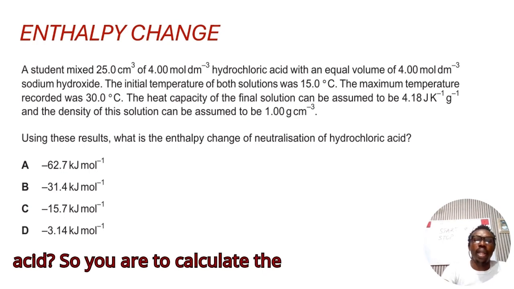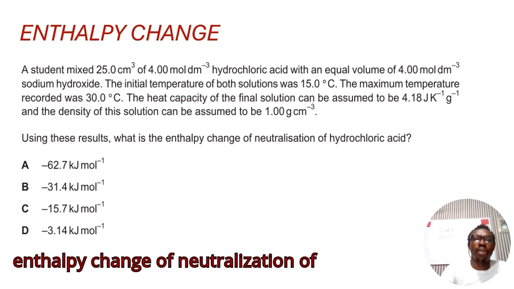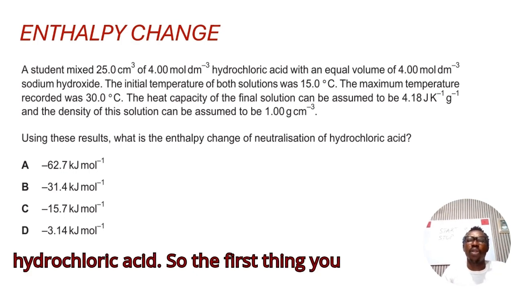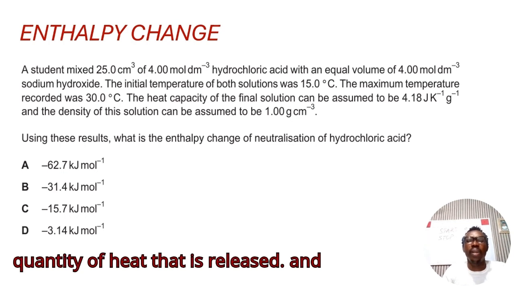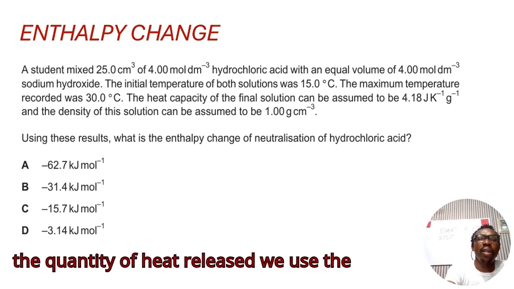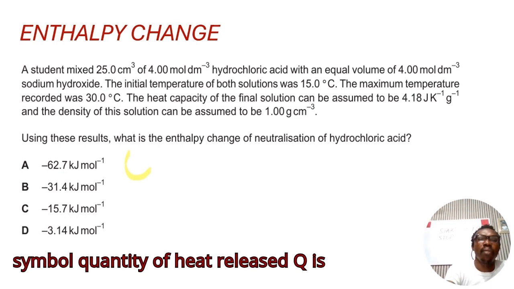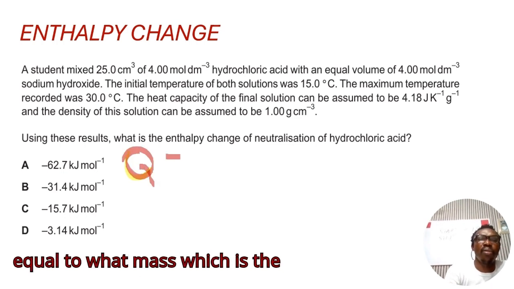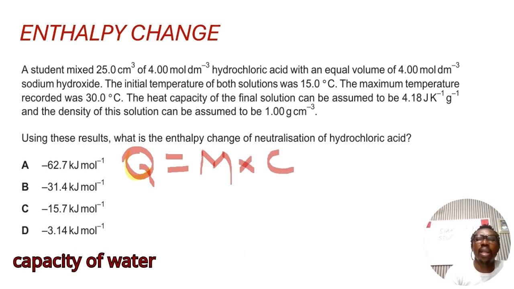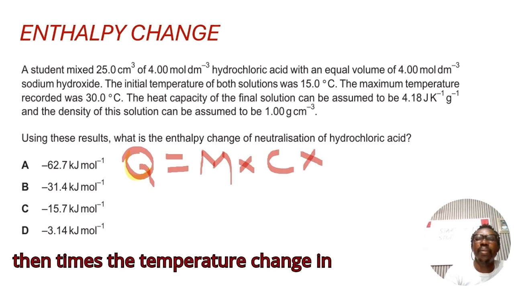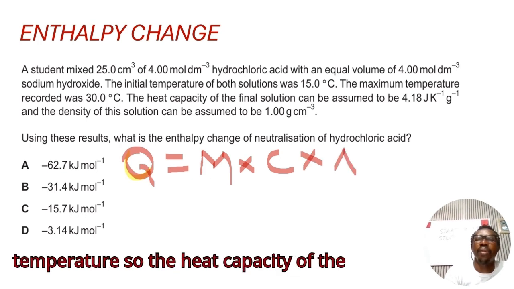So you have to calculate the enthalpy change of neutralization of hydrochloric acid. The first thing you need to do is calculate the quantity of heat that is released. The quantity of heat released, Q, is equal to the mass of the solution times the specific heat capacity of water times the change in temperature.